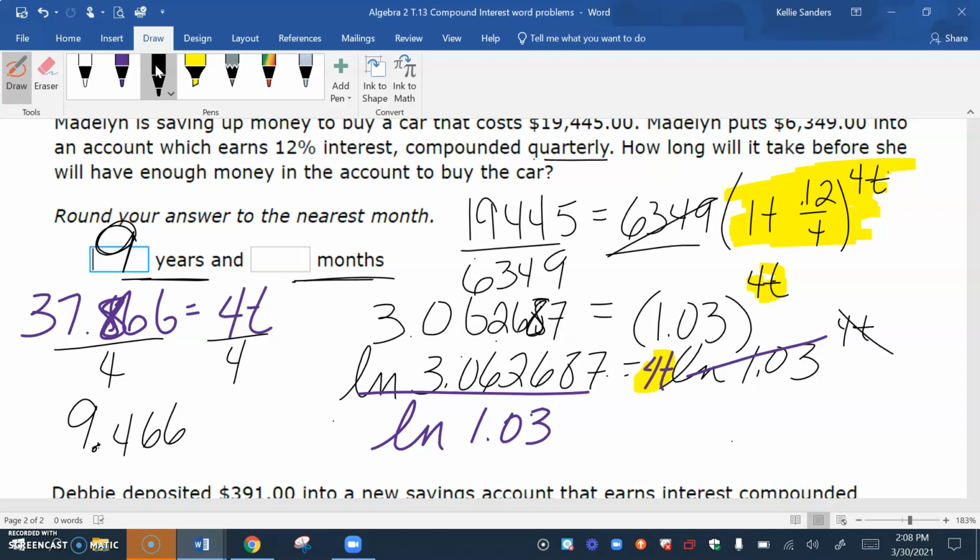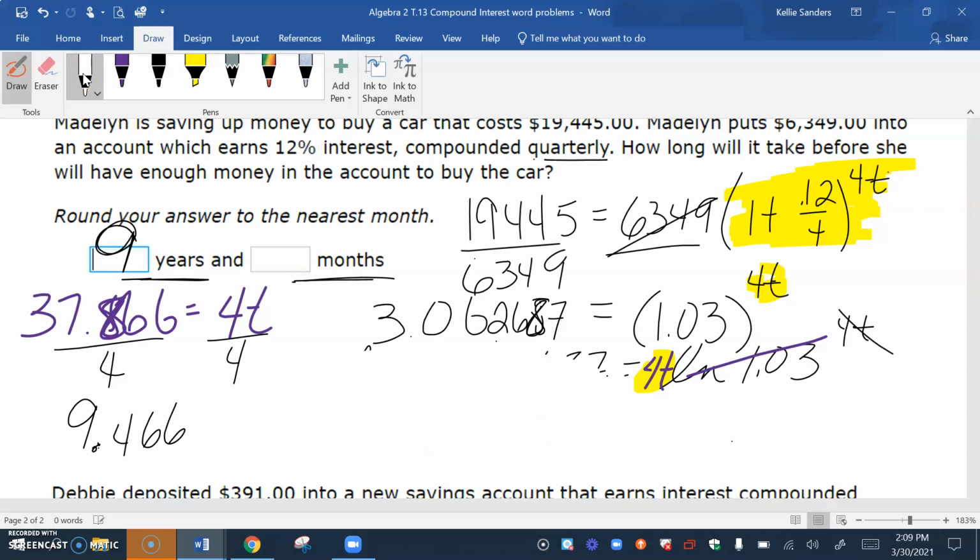So I'm going to erase this real quick. I'm going to subtract 9, because this number is already in the calculator, and get 0.466.